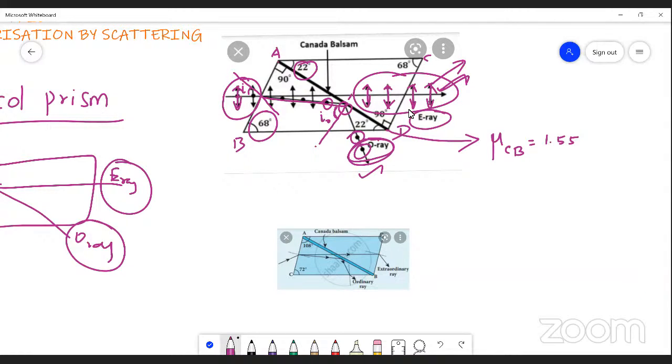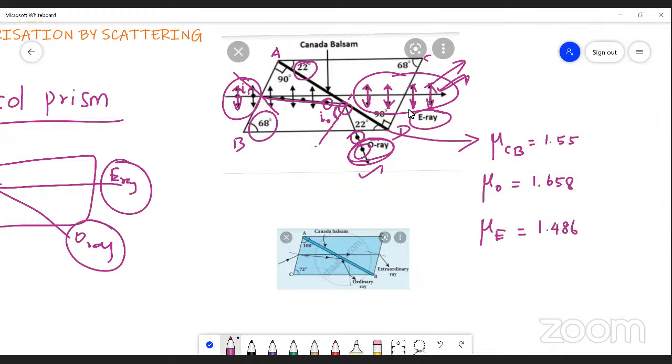Refractive index of Canada balsam is 1.55. Refractive index of the ordinary ray is equal to 1.658. Refractive index of the extraordinary ray is equal to 1.486.